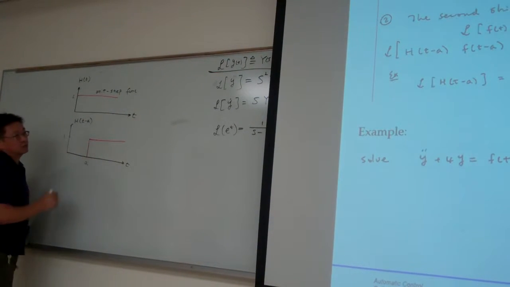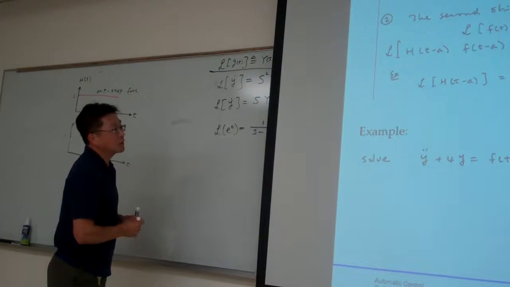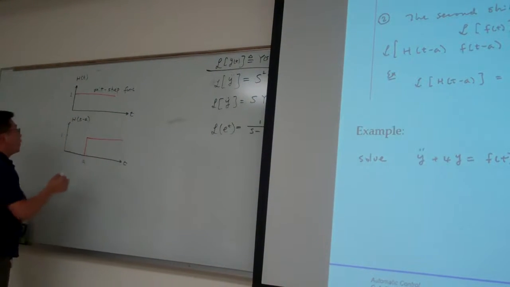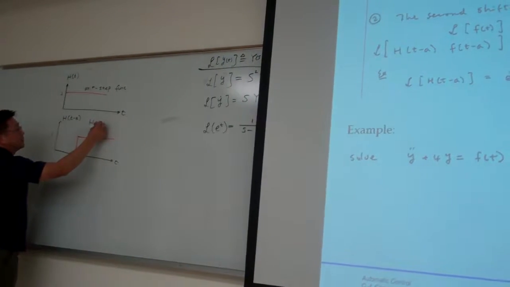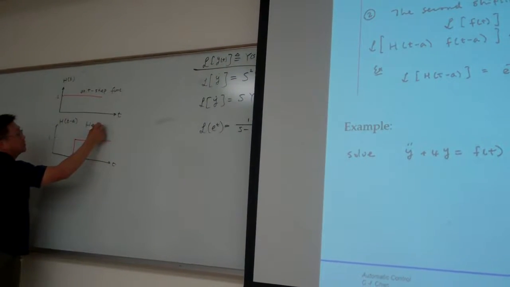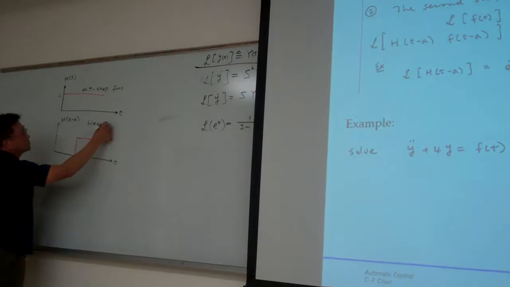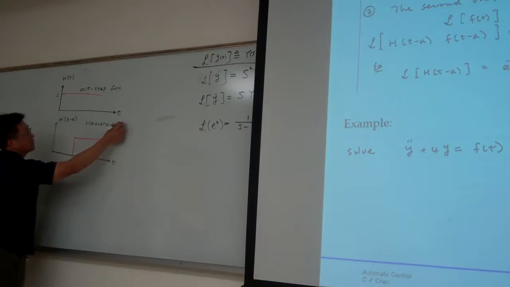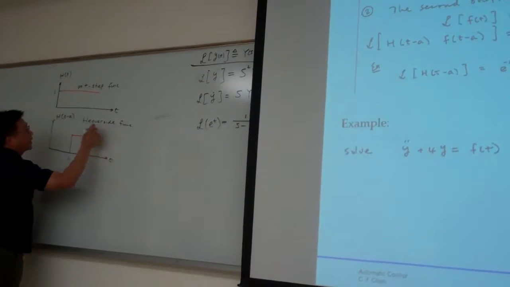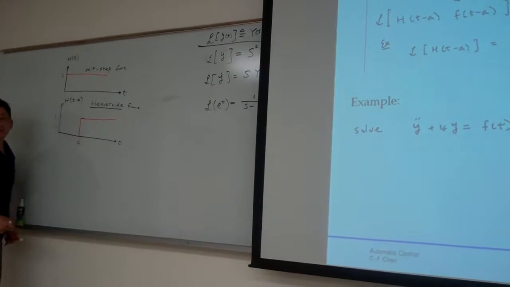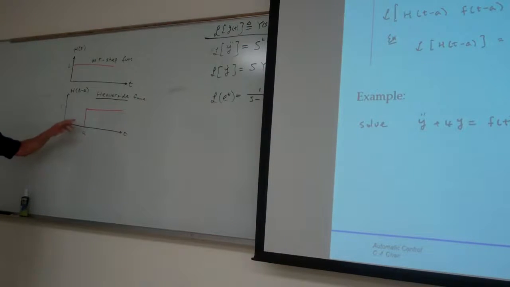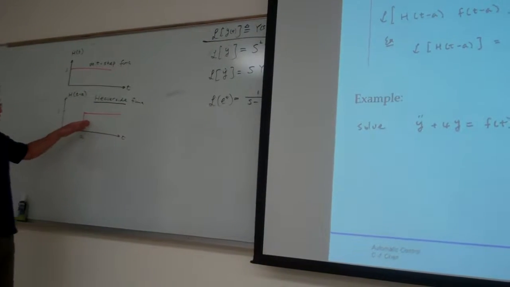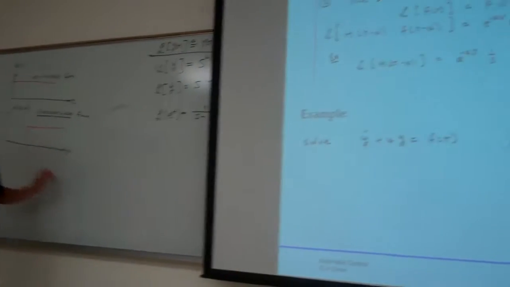So this is h of t minus a. Sometimes people call it h, or the Heaviside function. I believe this is the name of a person, so they simply take his last name. Whatever, basically that is a delayed unit step function.